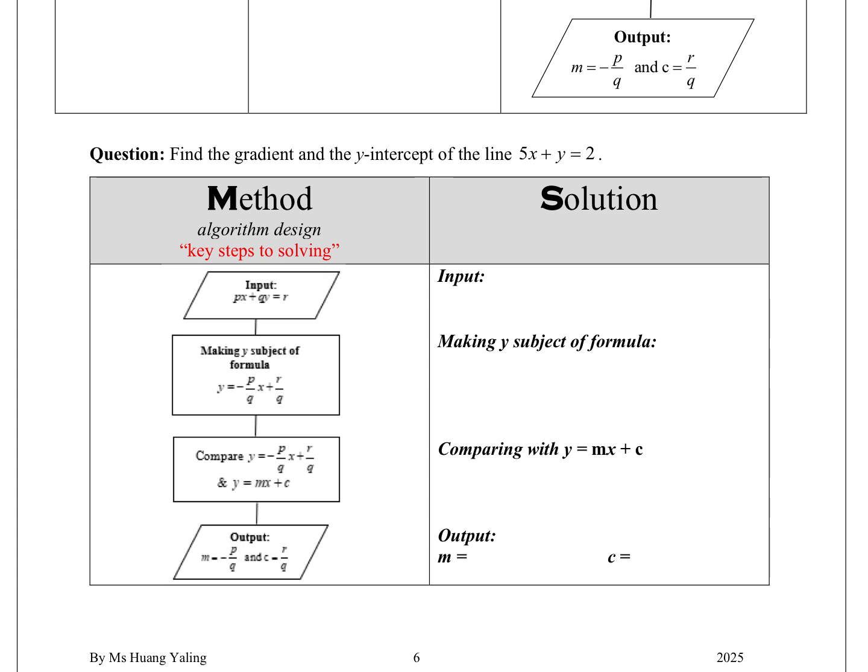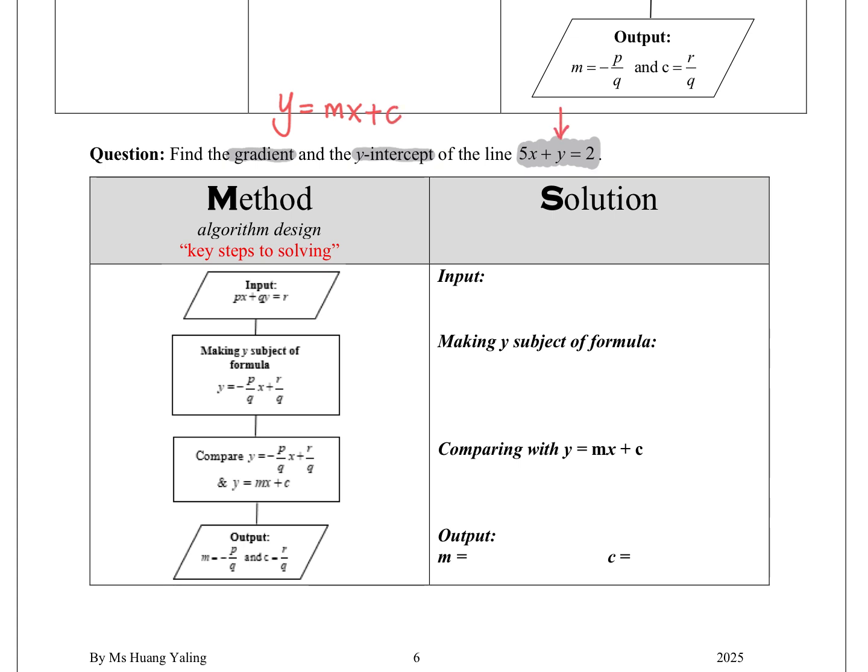Okay, if you are given an equation in this way, and the question says, can you tell me what's the gradient and what's the y-intercept? So what I need to know in my mind is that y is equals to mx plus c. But this one, my y is here.